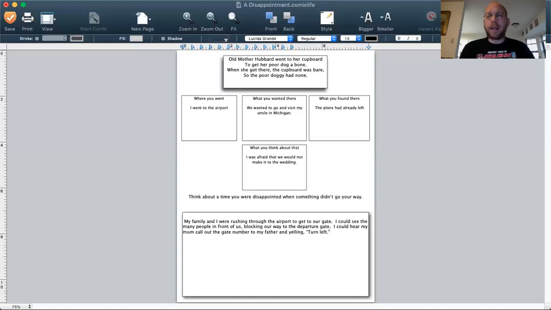So there's my da. I went ahead and put 2 of my senses in there. What did I see? I could see the many people in front of us, and something that I heard. I heard my mom yelling out the gate number to my father and yelling, "Turn left."